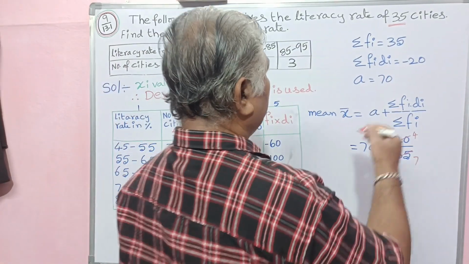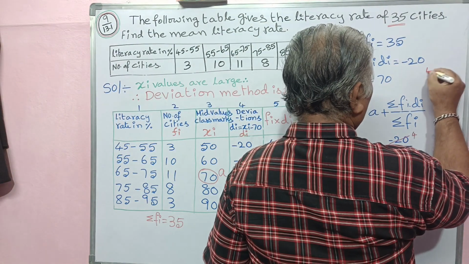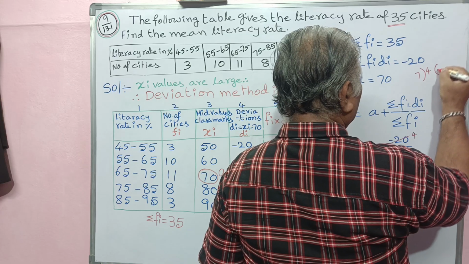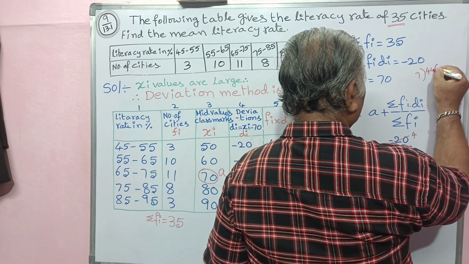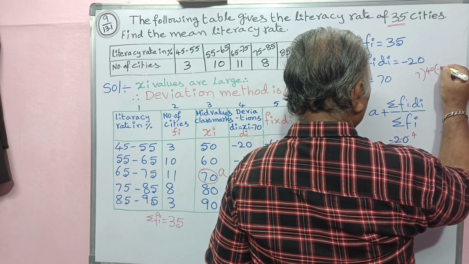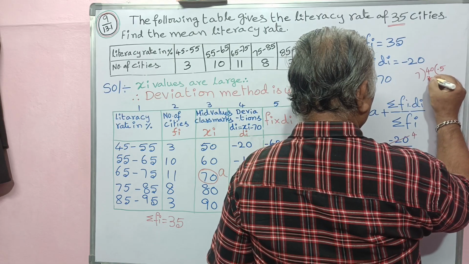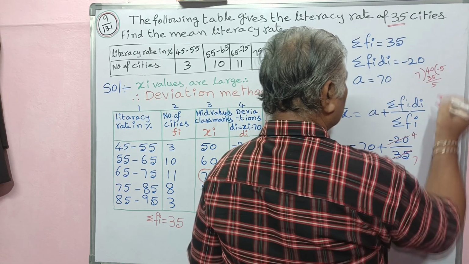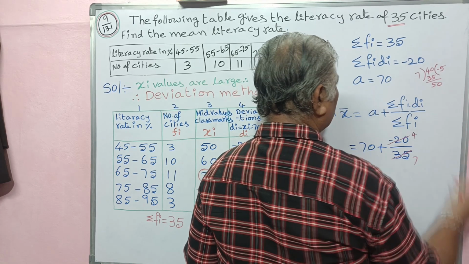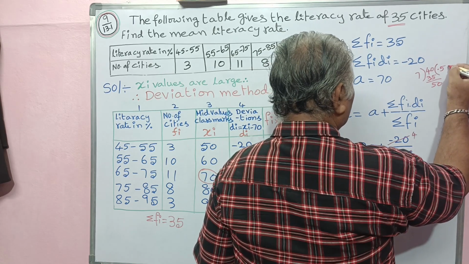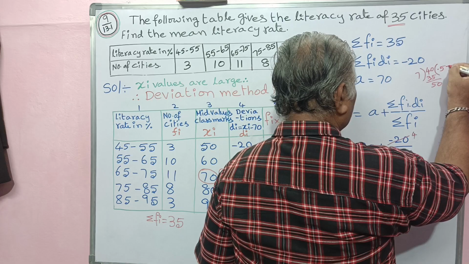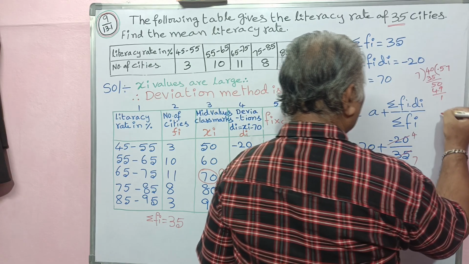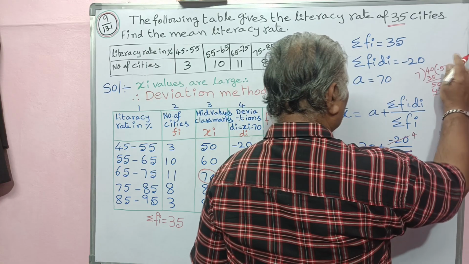It is 0.57. Dividing 4 by 7: 7 into 40 is 5, 35, 5 remains. Then 50, 7 into 49, 1 remains.